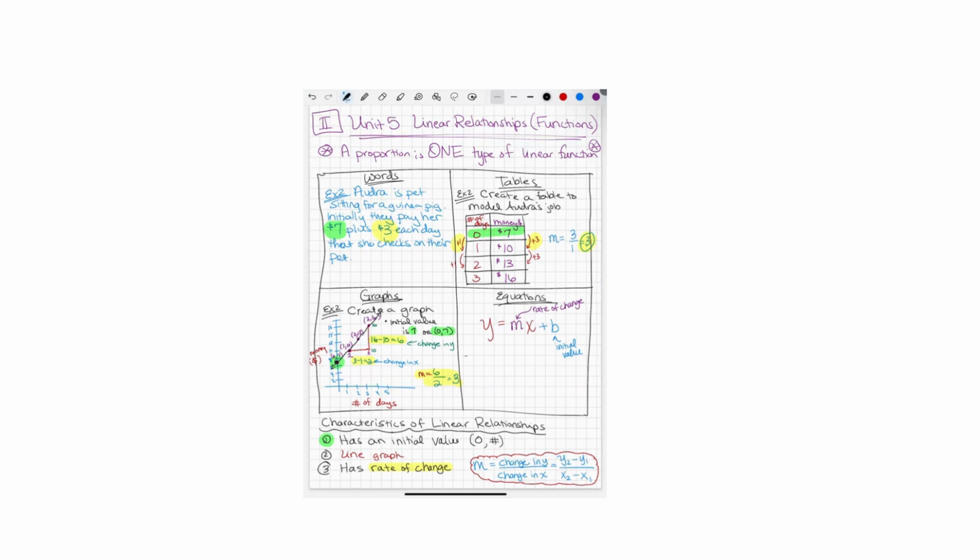Your job is to lickety-split write an equation representing Audra's guinea pig sitting job. So your job is to now fill in the pieces and write an equation.